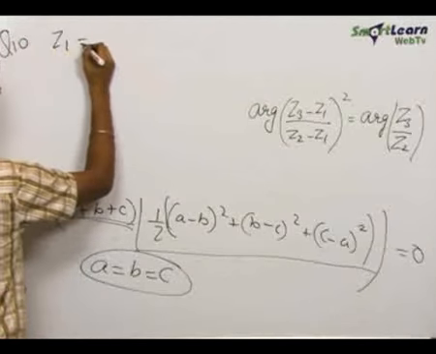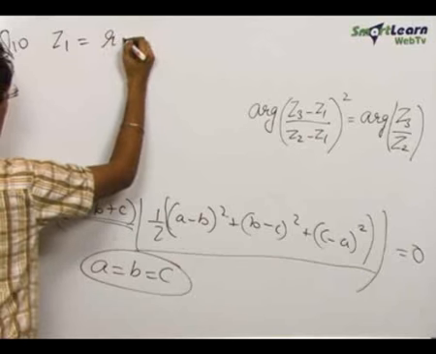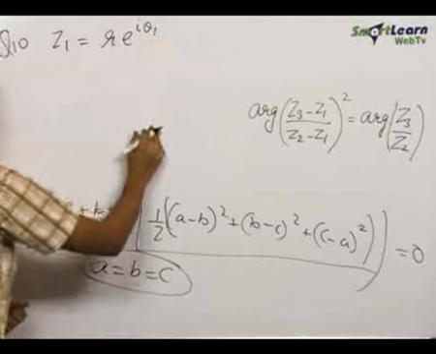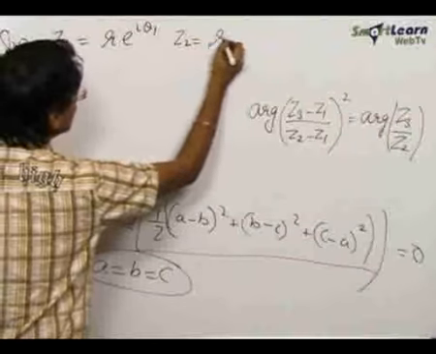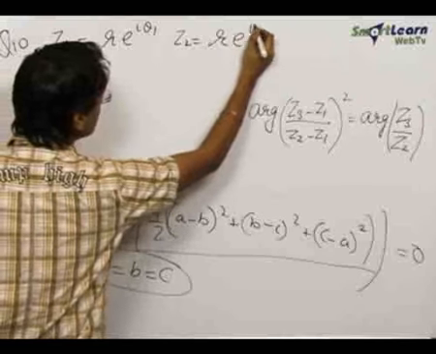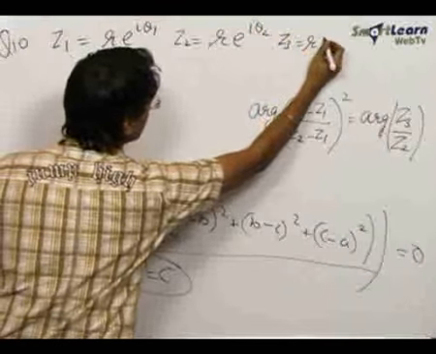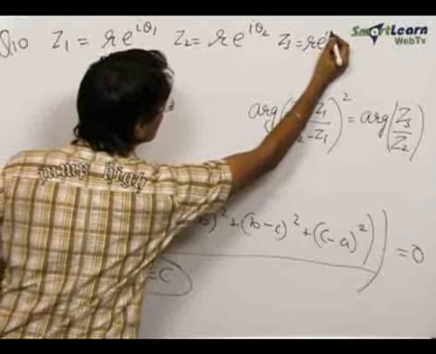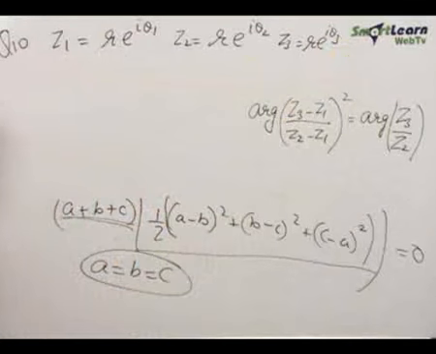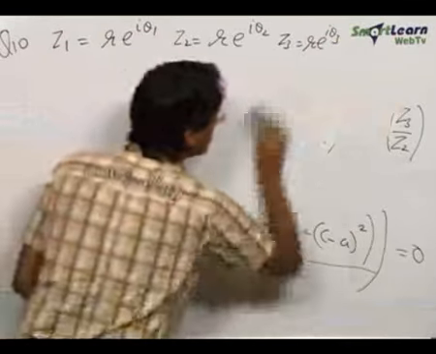So let us rewrite z1 is equal to r e^(iθ1), z2 is equal to r e^(iθ2), and similarly z3 is equal to r e^(iθ3). The mods are all taken to be equal.